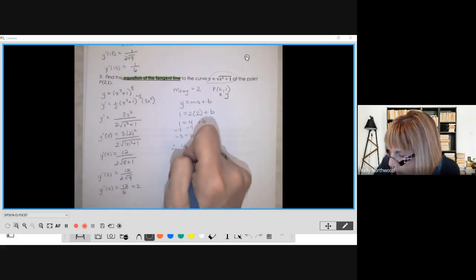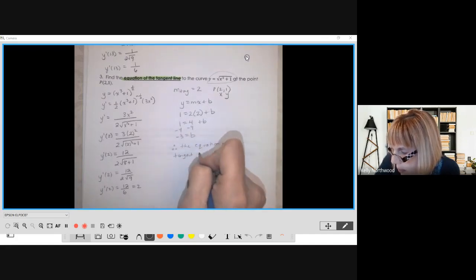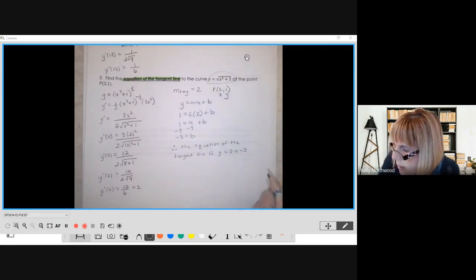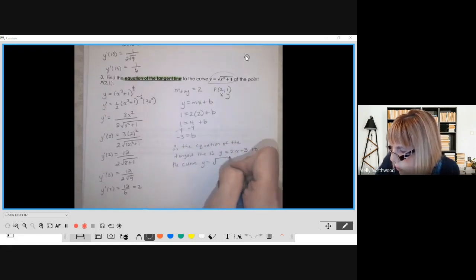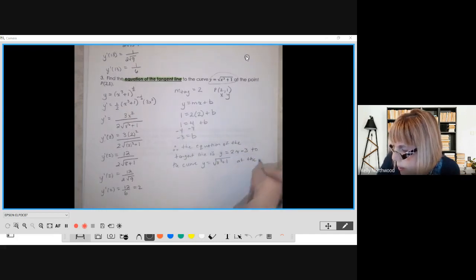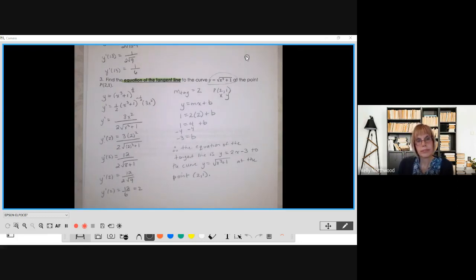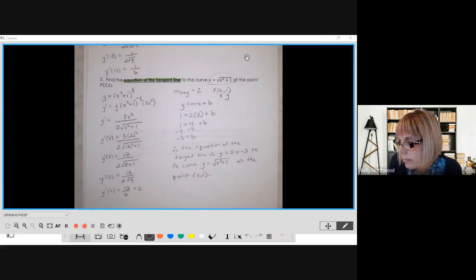So therefore, the equation of the tangent line is y equals 2, because that's the slope, x minus 3 to the curve y equals the square root of x cubed plus 1 at the point 2, 1. Any questions about that one?